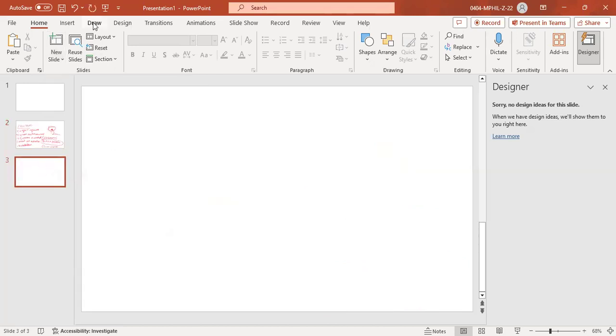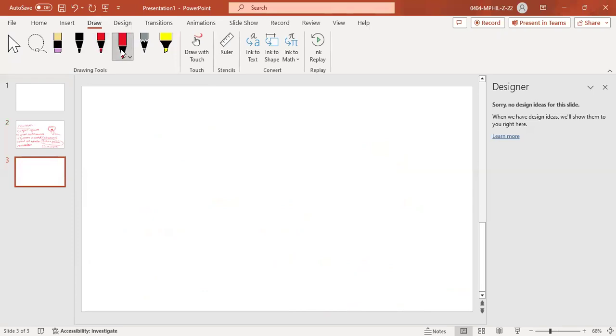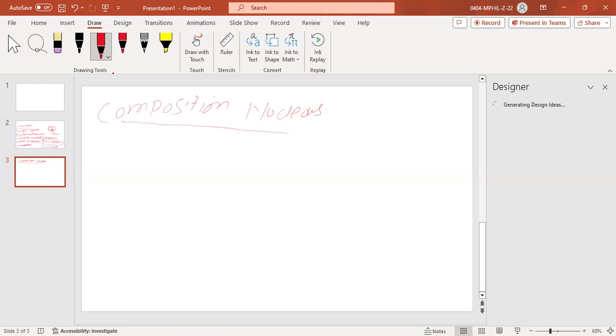Now we're talking about that. What is the composition of this nucleolus? Ribosomal RNA, right?